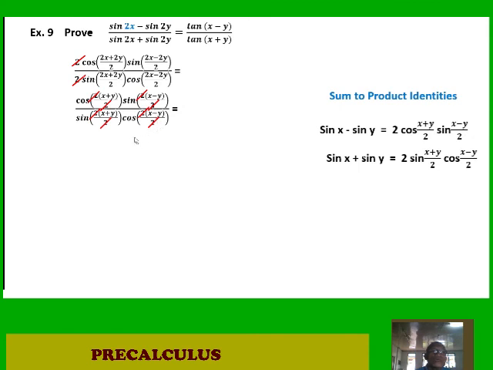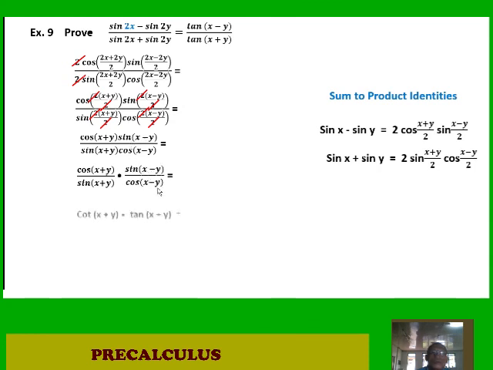So we are left with the simplified form, cosine of x plus y times sine of x minus y over sine of x plus y times cosine of x minus y. We can separate the fraction: cosine over sine of the sum times the sine over cosine of the difference.